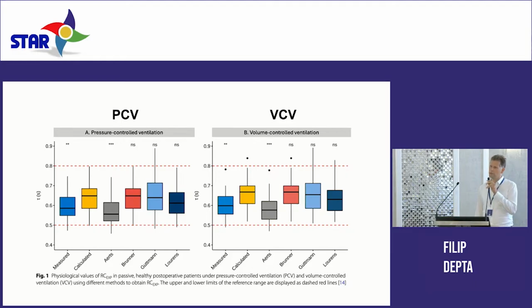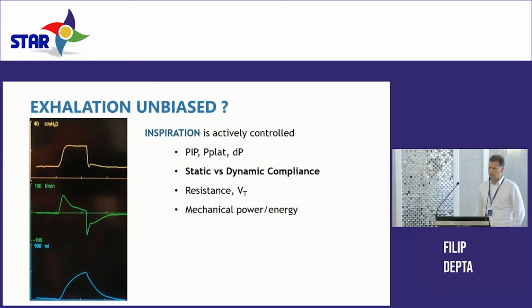We've performed a trial in 30 post-op patients where we tried to determine the time constants using different methods in both pressure and volume control ventilation, and we found that it doesn't matter which mode you use. So what perhaps seems to be most valid is the measured time constant, because it has the little spread. This is the first blue box plot. Now, why is it exhalation unbiased?